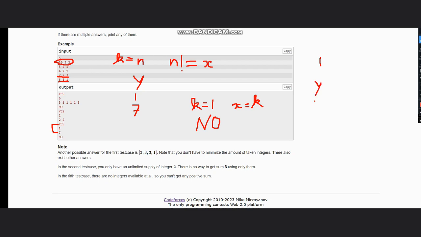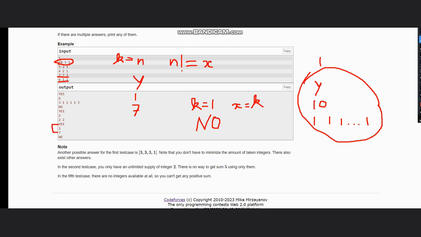The number of ones would be simply n, and you can run a loop from 1 to n and print 1 ten times. So this can be one of the outputs for the first test case.